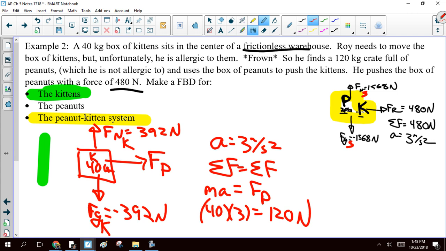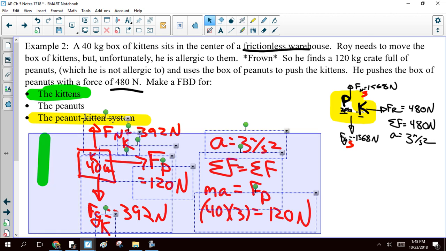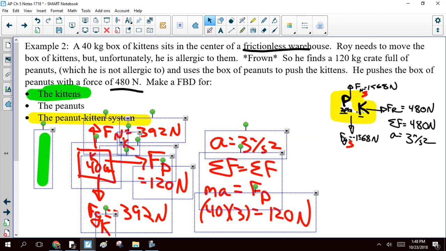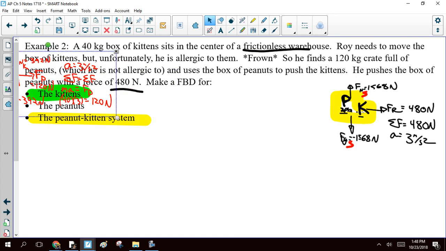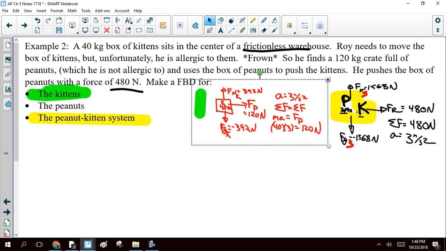It's 120 newtons. So there is the free body diagram for the kittens.